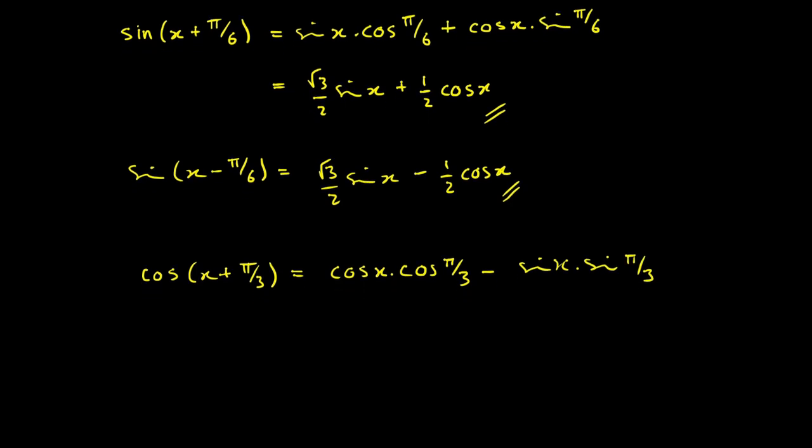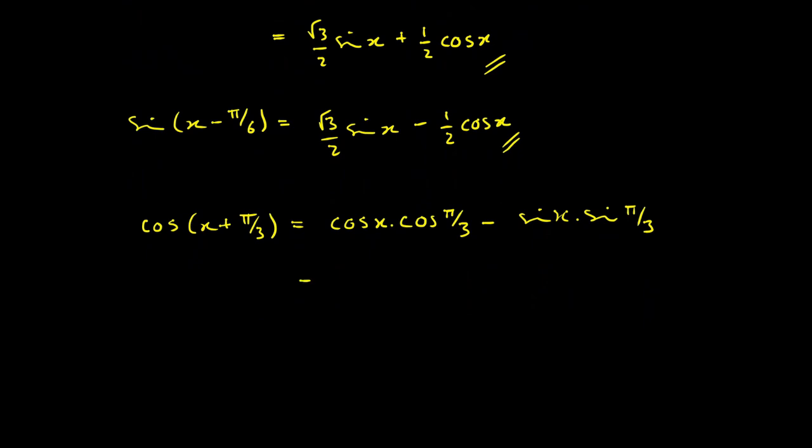And of course, like pi by 6, pi by 3 is a critical angle. So cos pi by 3 is a half, so we get a half cos x minus, and sine pi by 3 is root 3 upon 2, so minus root 3 upon 2 sine x.